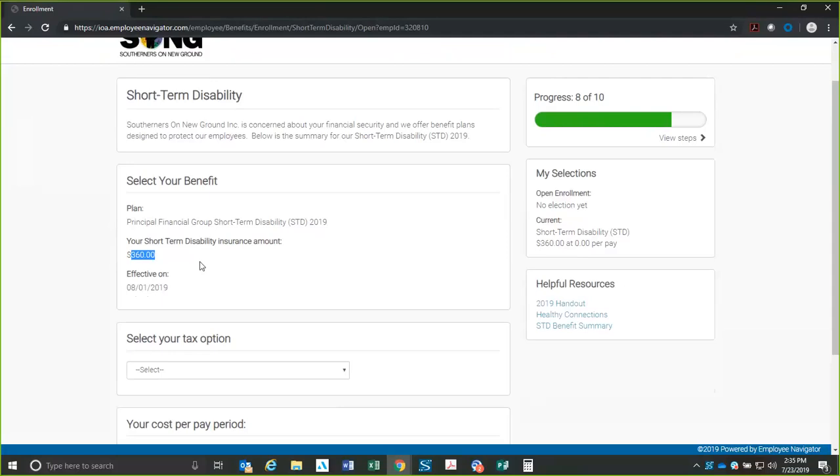Our benefit covers 60% of your pre-disability earnings, up to $700 a week. So to give you a good example of what that means, your take-home pay right now is somewhere between 68 and 72% of what your total amount is. So that's after your taxes and after your benefits.